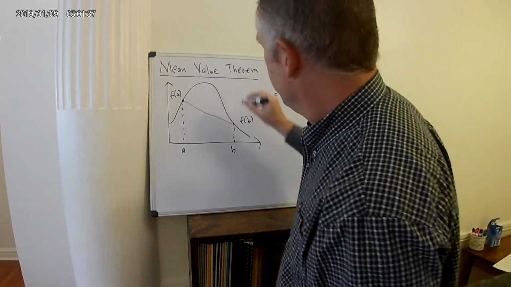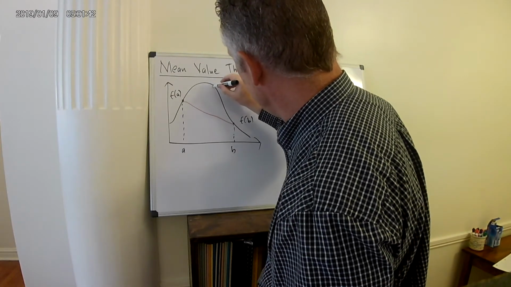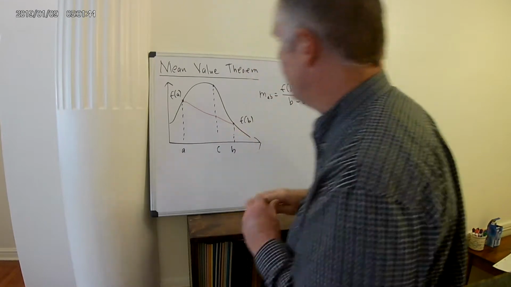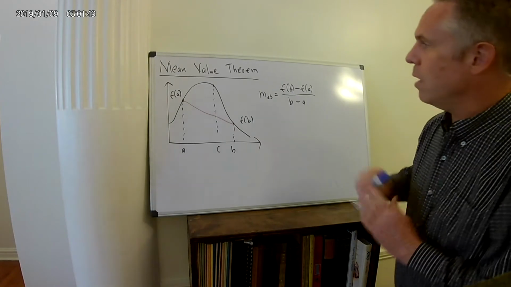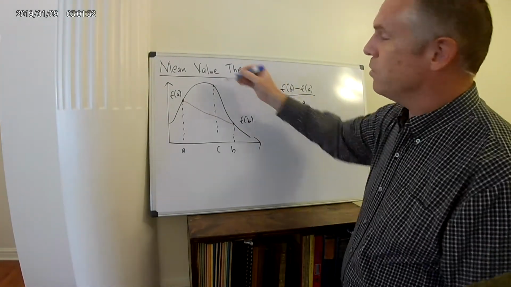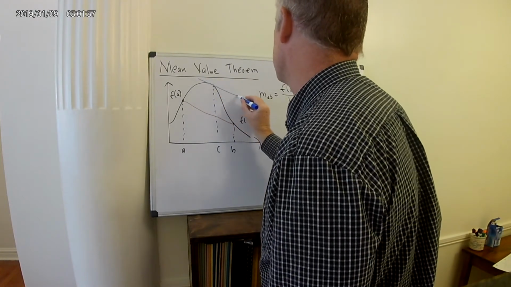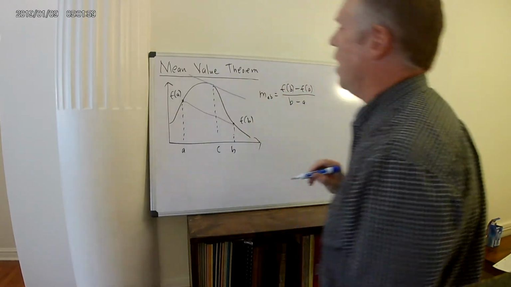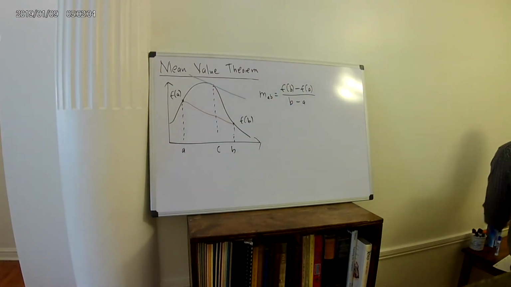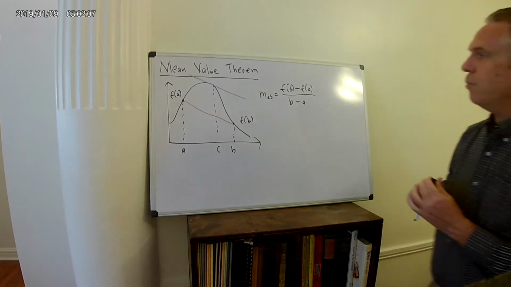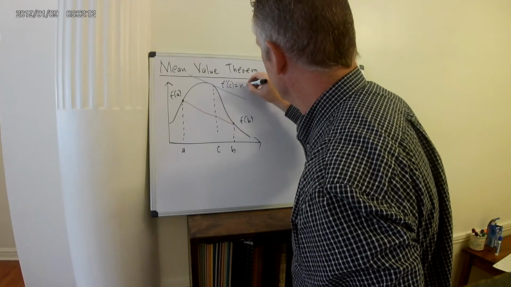Well, if you look here, there has to be a point, and it looks like the point is about right here. There has to be a point C such that, and let's draw the slope of the tangent line at this point, which is, by the way, the derivative, f prime of C equals m AB.